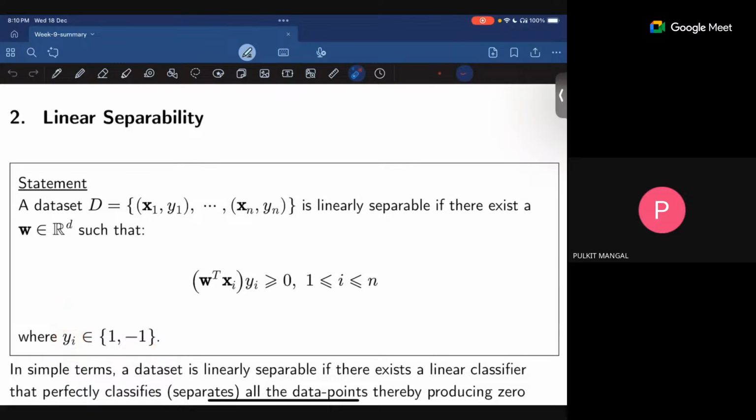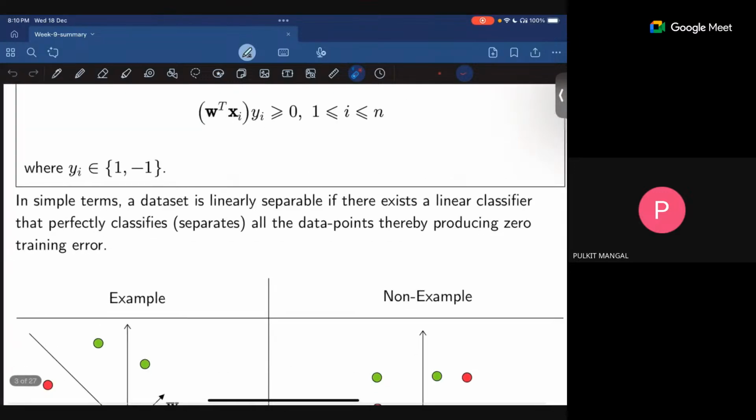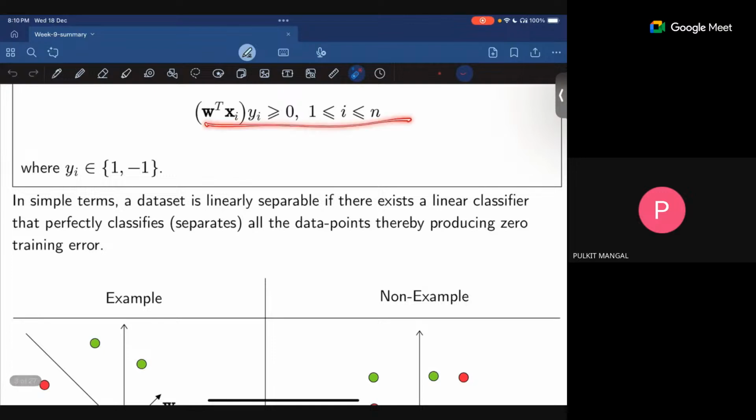This is the same as saying the two classes are divided by some weight vector. In simpler terms, a linearly separable data set is one where there exists a linear classifier that perfectly separates all the data points, and thus produces zero training error.